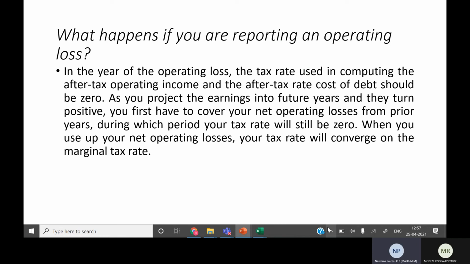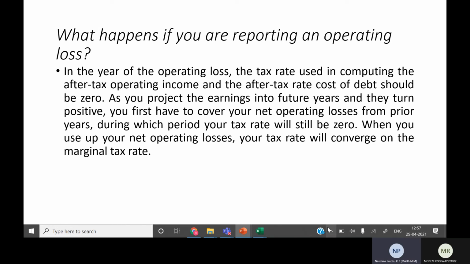What does this mean? Say in this year there is a net operating loss, then should you pay tax on that? No, because it is a loss. But in the years to come, you will project your earnings, your revenues, they will be positive.